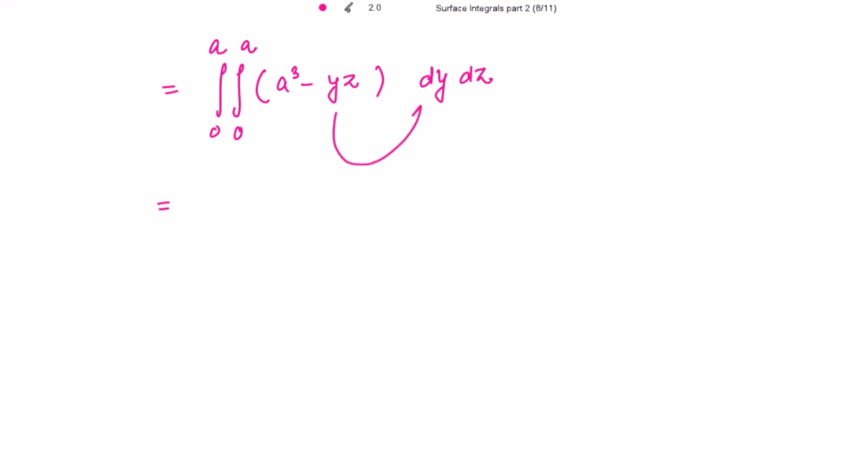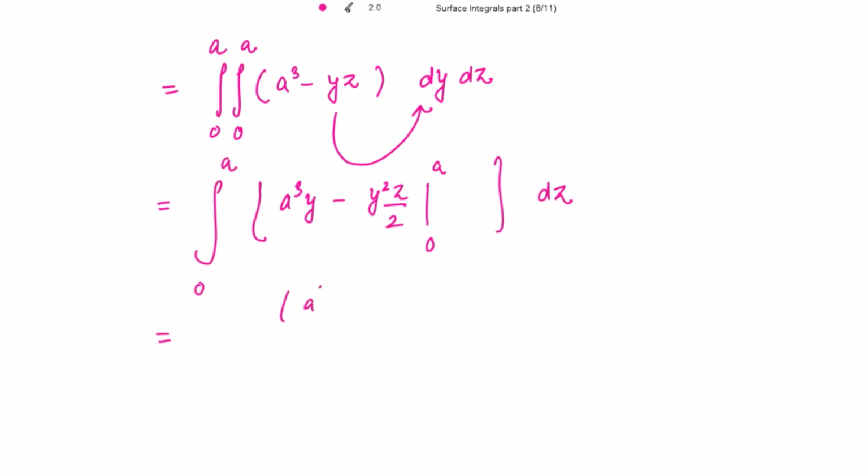Now integrating with respect to y first, this is a cube y minus y square z divided by 2 with limits 0 to a. So that is a to the power 4 minus a square z divided by 2, dz from 0 to a.